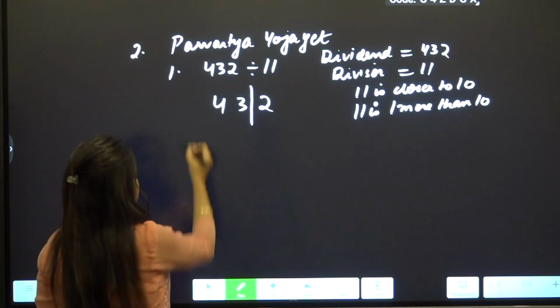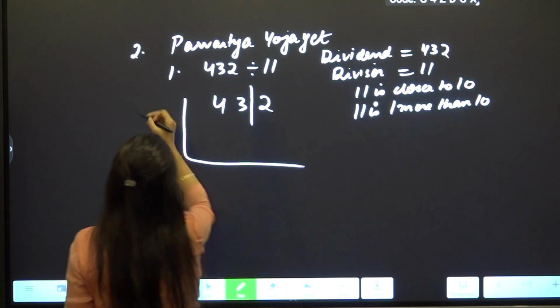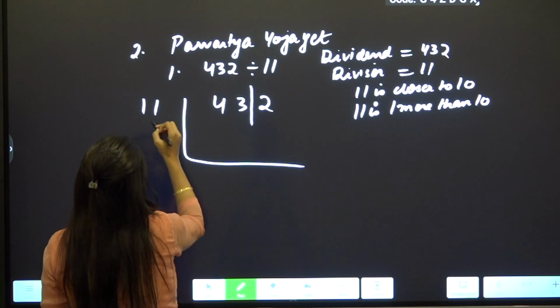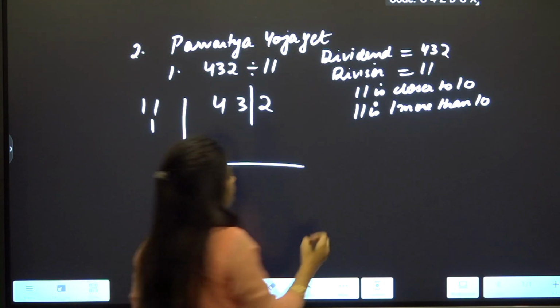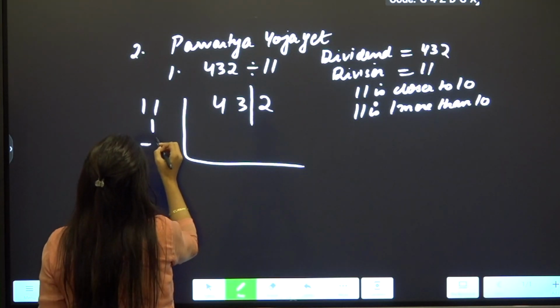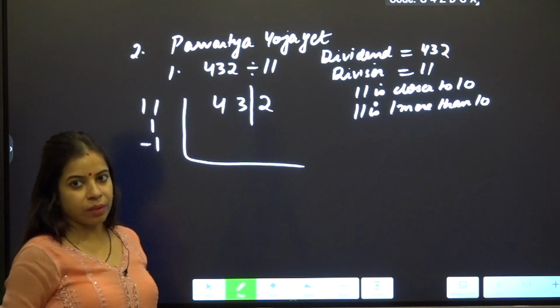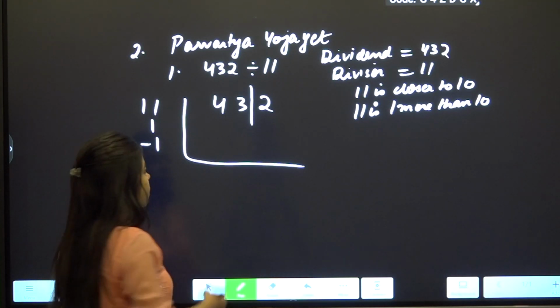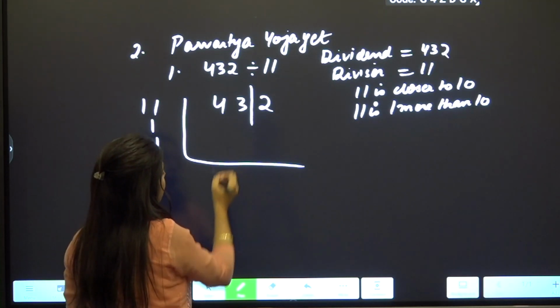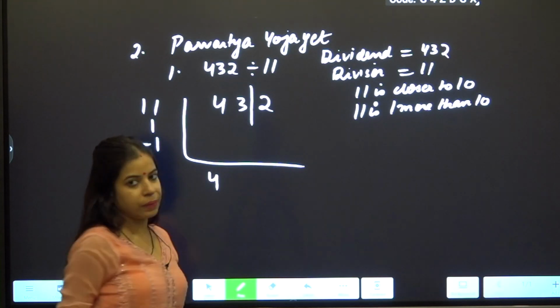Okay. So, next we are going to write here 11, where 1 is the excess and the complement will be minus 1. So, how are we going to perform the division? We are going to carry down the 4 as it is.